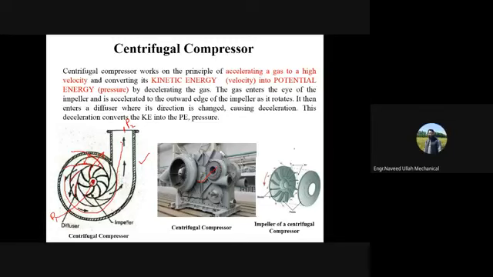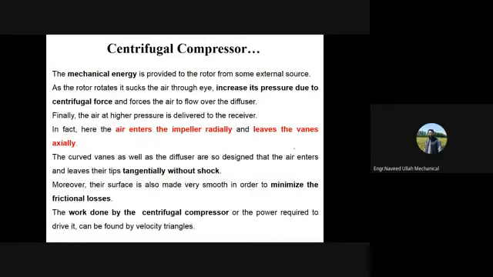Now, discussing further about the centrifugal compressor, the mechanical energy is provided to the rotor from some external source, as we discussed, because compressors are power consuming devices. So as the rotor rotates, it sucks the air through the eye.